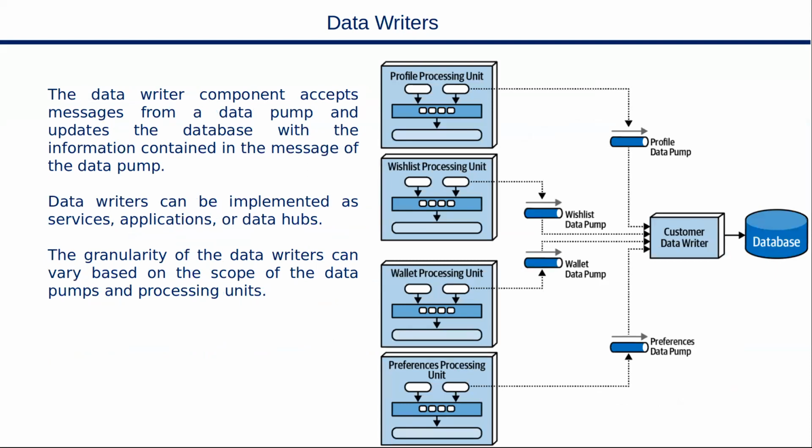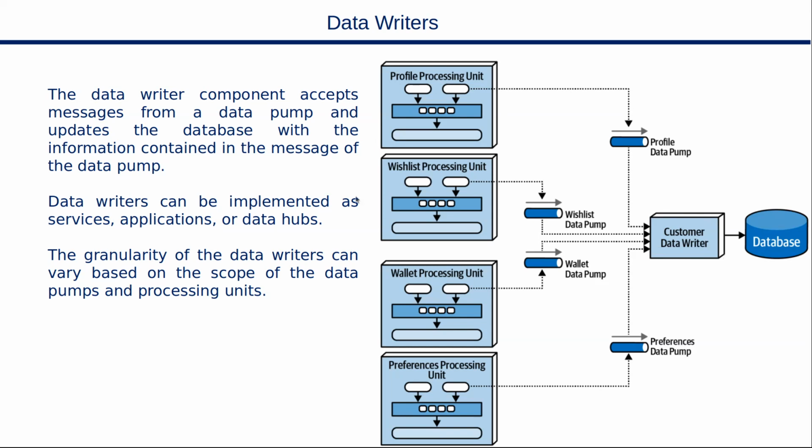Next will be the data writer. Data writer components accept messages from the data pumps, which are like a queue implementation, and update the database with the information contained in the message of the data pump. So here we have, as an example, a customer data writer. It will read information from data pumps, and its responsibility is to write this information to the database.